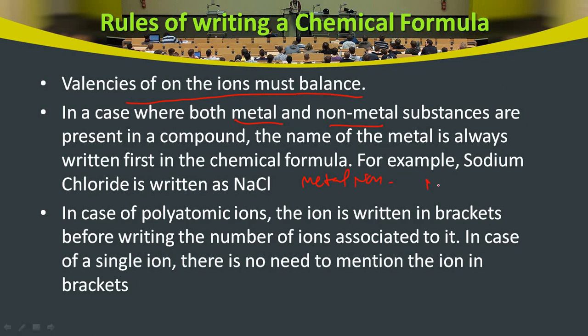For example, sodium chloride. Sodium is metal and chloride is non-metal, so first you write sodium, then the non-metal. Third, if any polyatomic ion is there, the ion should be written in brackets. If there is no polyatomic ion, they need not be written in brackets. So these three things we have to keep in our mind.